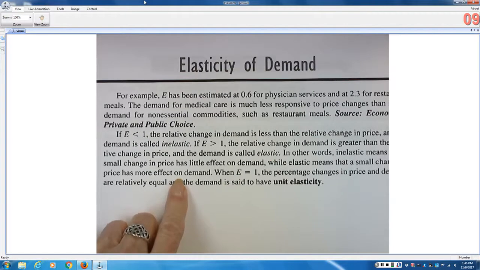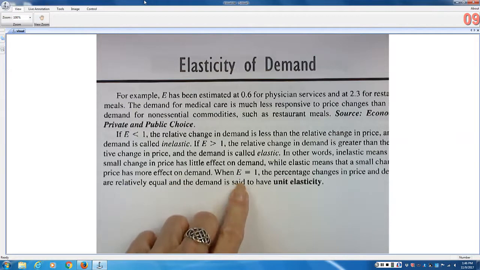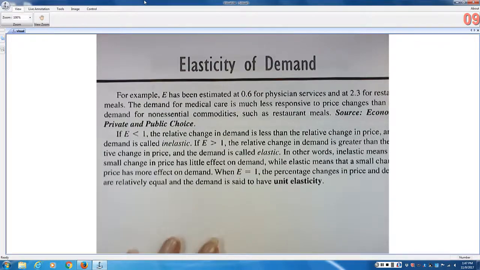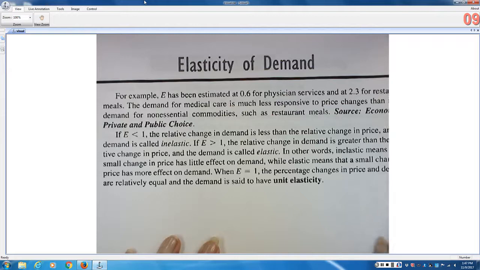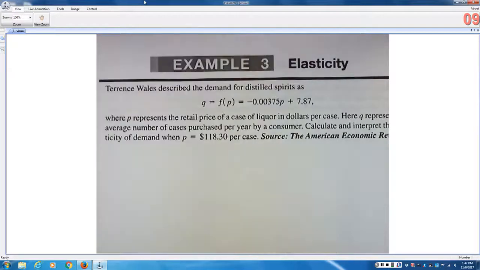And in fact, the larger the value of E, the more effect it's going to have. When E is equal to 1, the changes in price and demand are relatively equal, and that's why we say that it has unit elasticity.